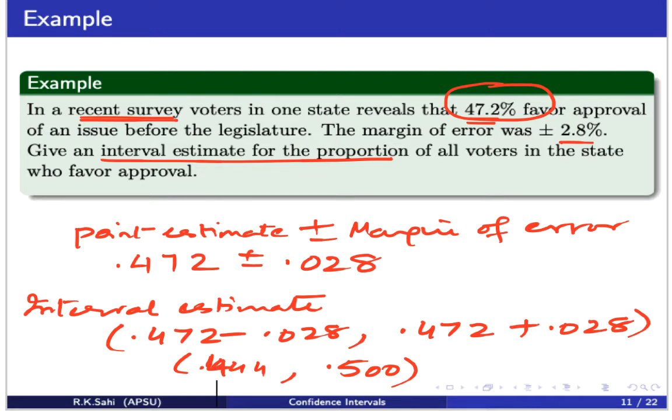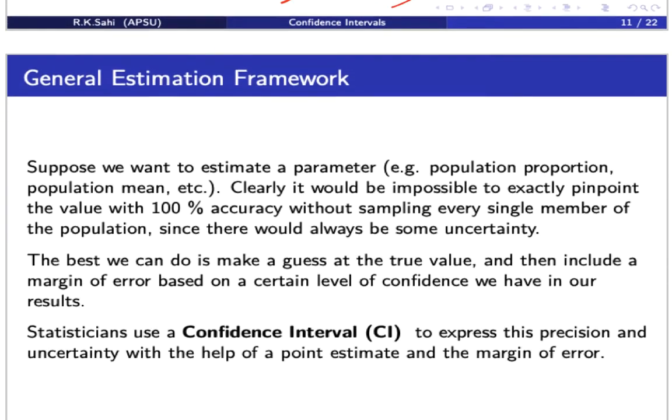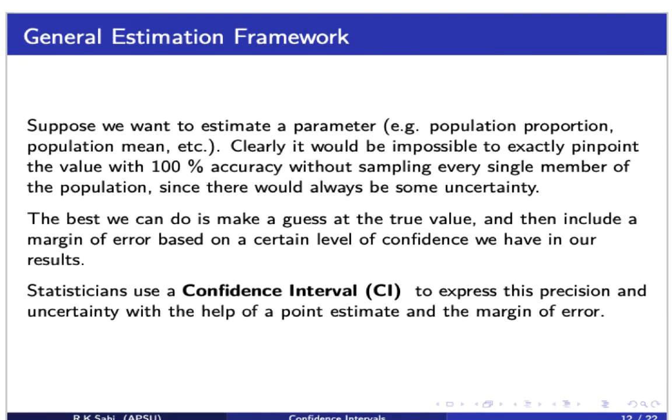Now, first, before we go do some problems with confidence intervals, I'd like to do a little bit more conceptual work. That means I'm just going to talk about some general estimation framework, which will help us do it. Now, as I said, if I want to estimate a parameter, remember parameter means it is related to the population. As I also said earlier, it's impossible to exactly pinpoint this value with 100% accuracy without sampling every single member of the population.